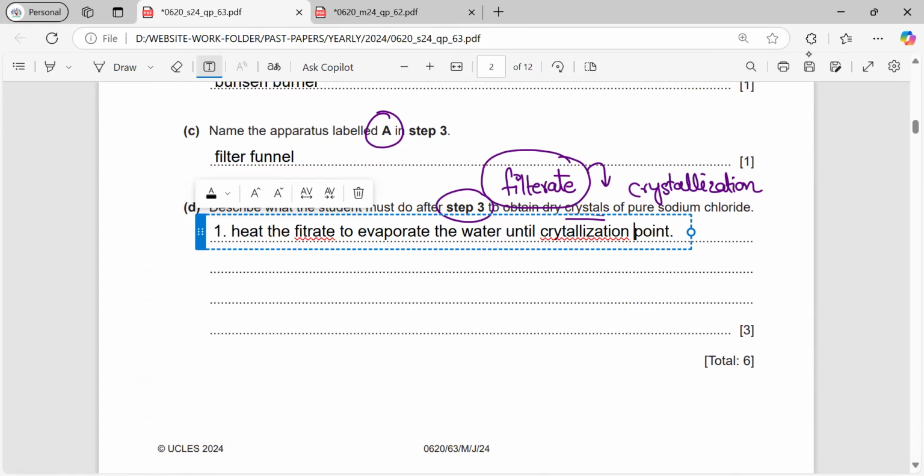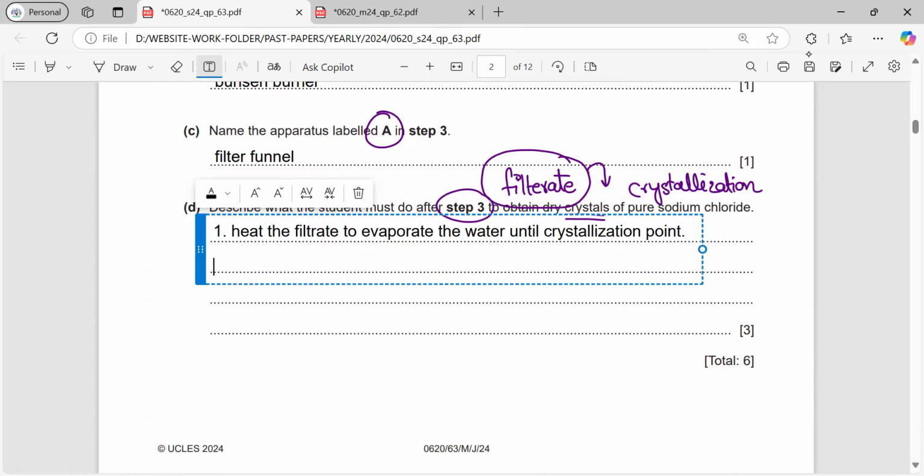So we have to heat the filtrate until crystallization point because we don't want our water of crystallization to be lost. The next point will be that we'll let it cool.